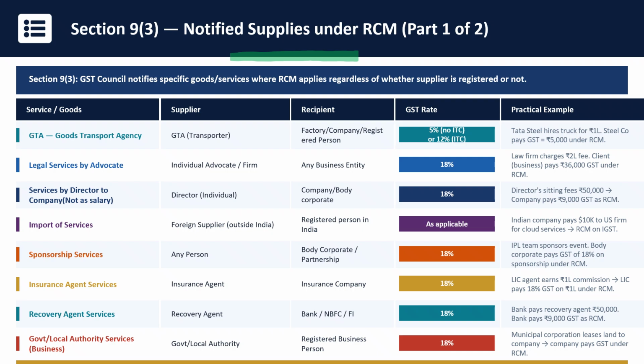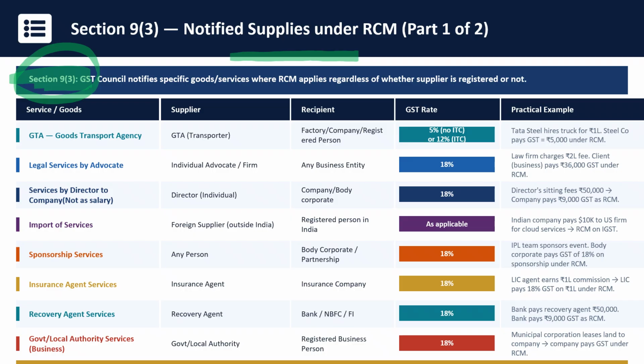These are the services notified by the government under Section 9(3), where we need to pay GST under RCM. If you see goods transport agency, I have prepared a separate slide on this concept, but I will just explain the concept now. What are the services covered under the RCM?